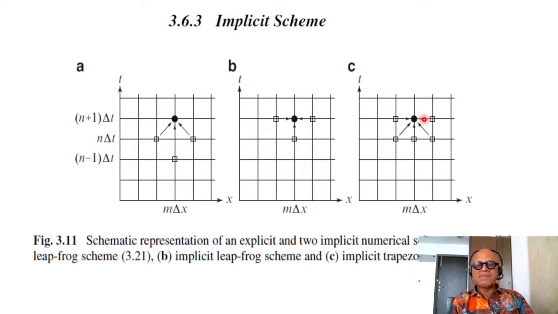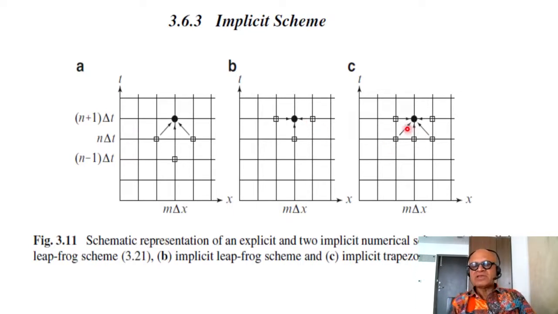This is something that guarantees. So this is called implicit leapfrog scheme because we are still depending on three time steps for the time step that we are depending on, n plus 1 at m minus 1 and n plus 1 and m plus 1. So that's the leapfrog part of it.